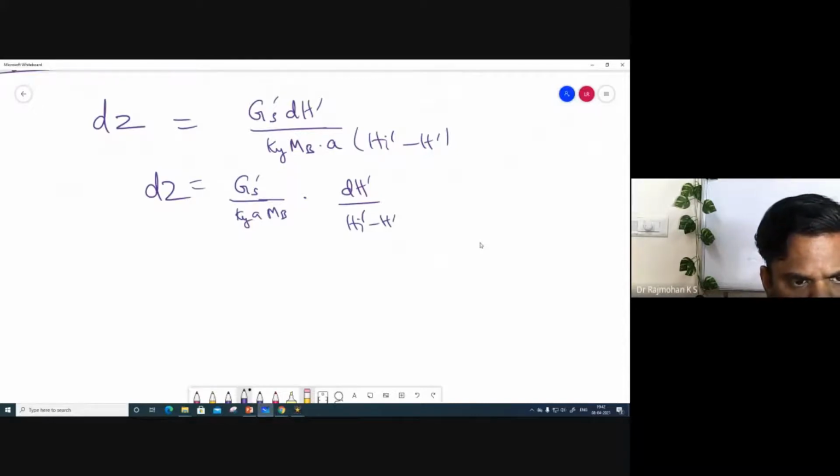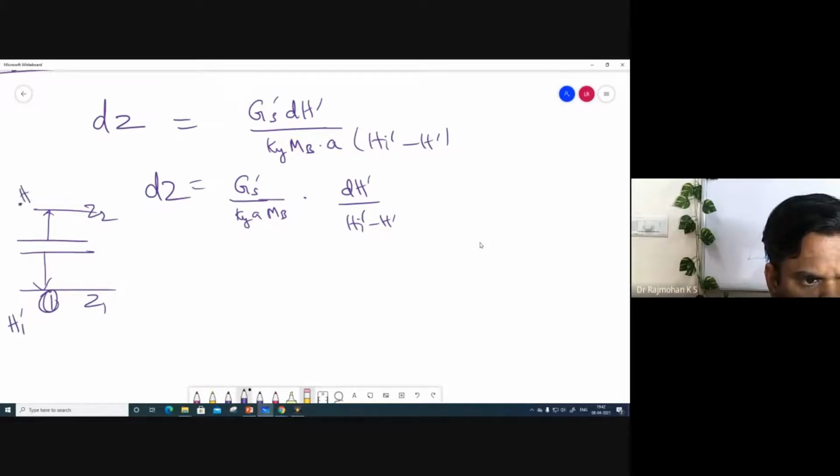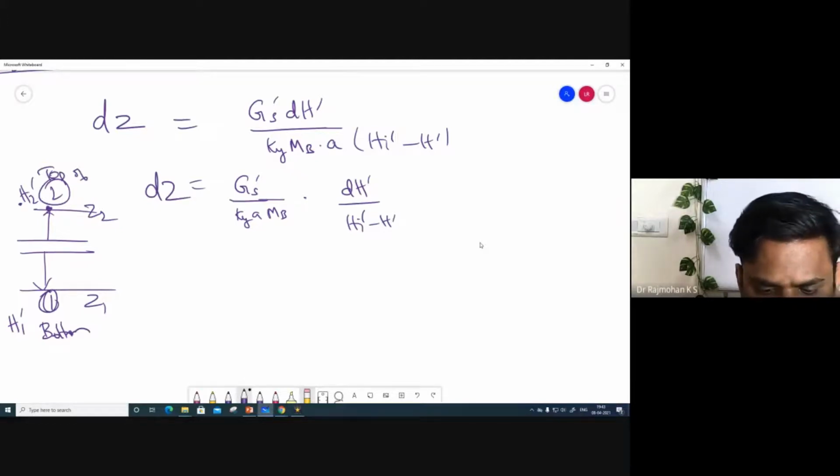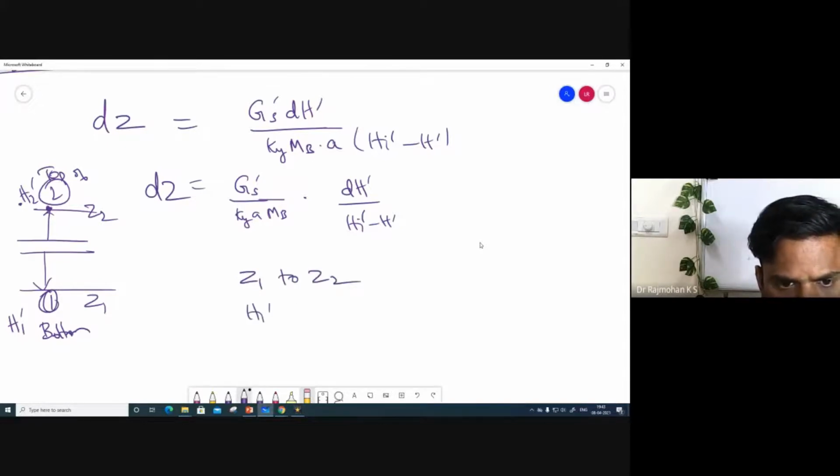This is the height of the small thickness, but if you want to integrate it between the limits z1 to z2, and the gas enthalpy will be H1' at the bottom and H2' at the top, between the bottom of the packed bed and the top of the packed bed, so we can rewrite this equation.